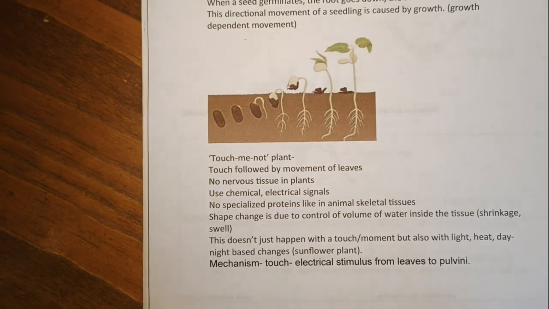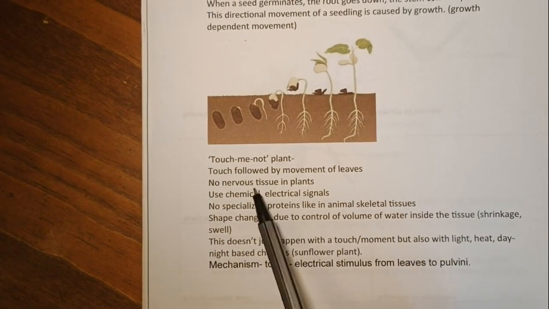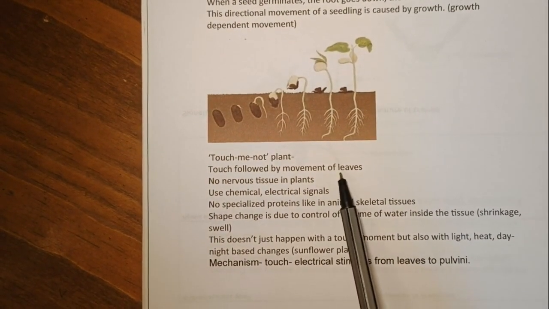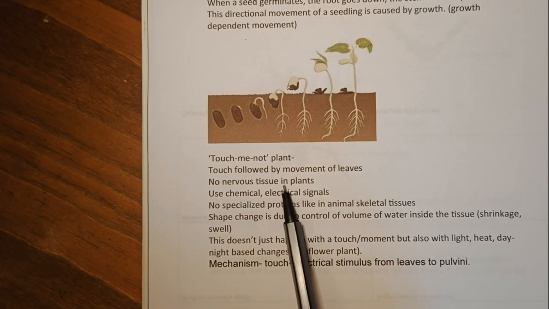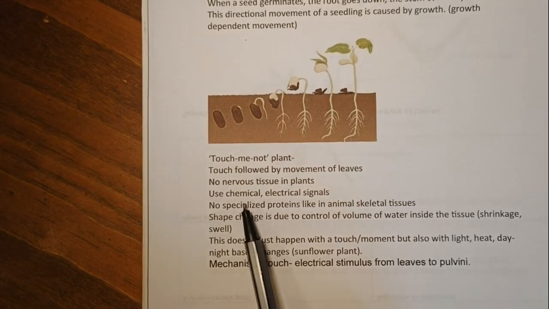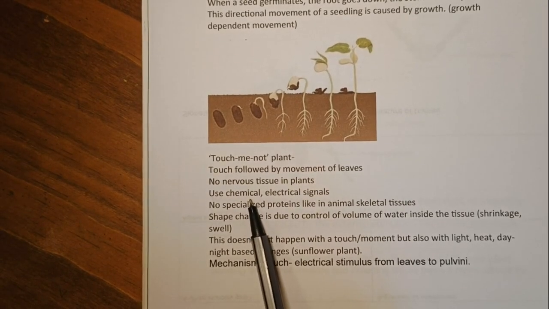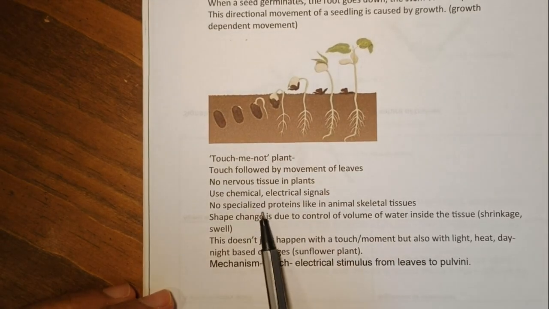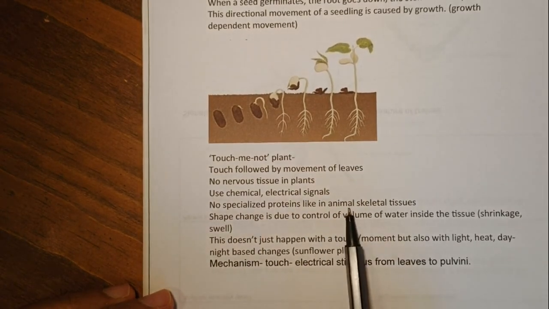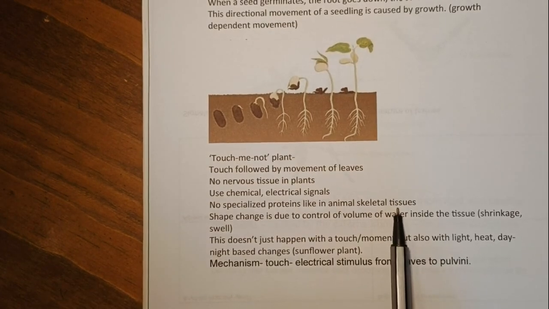So how is that made possible? The touch is followed by movement of the leaves despite having no nervous tissue in the plant. So there is use of some chemical signals, some electrical signals, but there are no specialized proteins such as we see in animal skeletal tissues.